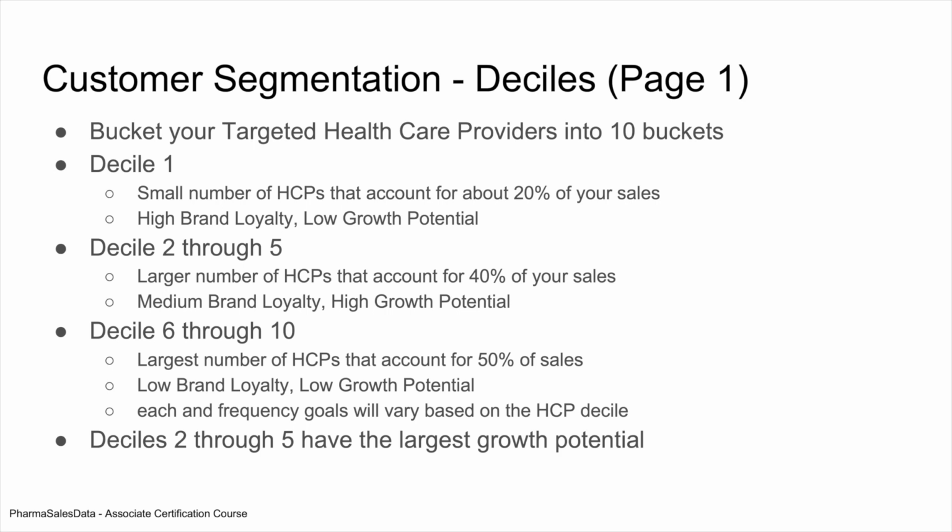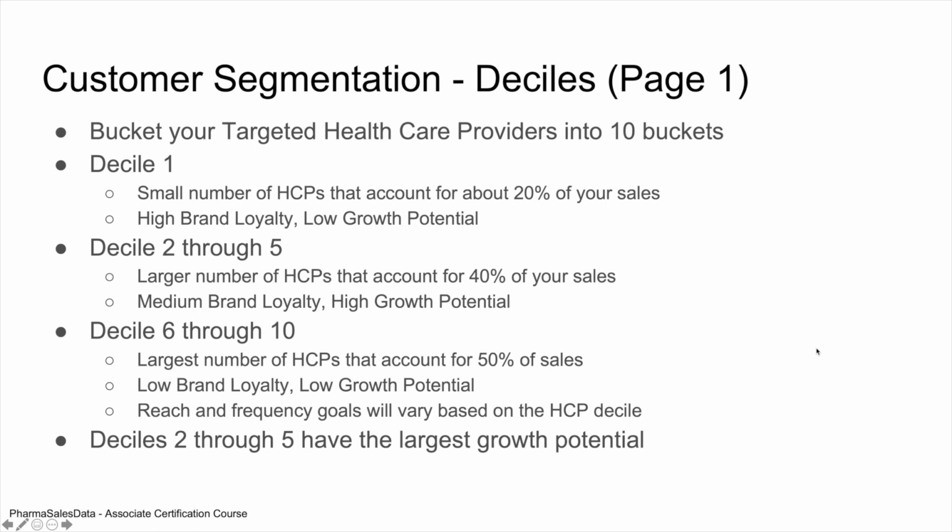Decile 2 through 5 is going to be a large number of HCPs that account for 40% of your sales, medium brand loyalty, but they have high growth potential because they're writing your competitors' products, and therefore, as a sales associate, you can make headway there. As a pharma company, you can make headway and try to convince these HCPs to go ahead and write your product over a competitor.